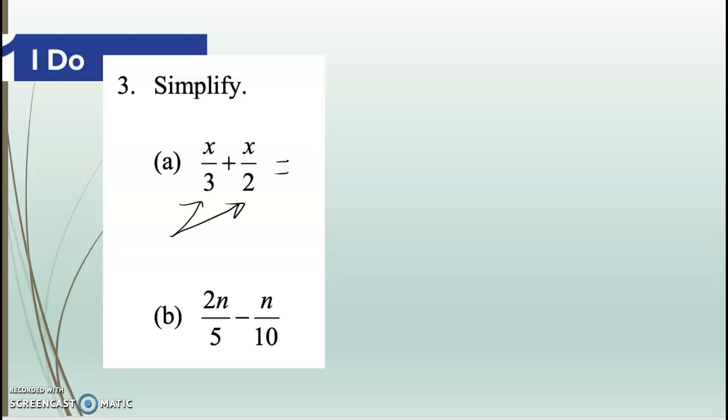So x over 3, if we double that, if we times both by 2, that will make the bottom 6. And the top now will be 2x. So it'll be 2x out of 6. Now in the second one, if we times both the top and the bottom by 3, we're going to get 3x over 6.